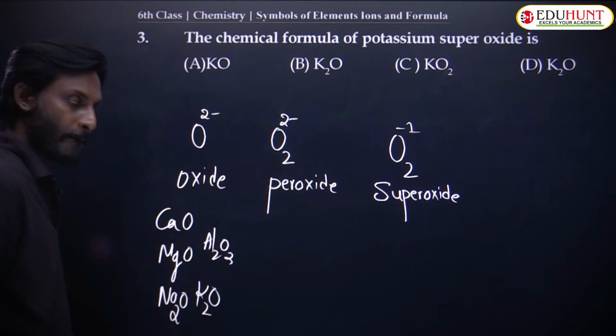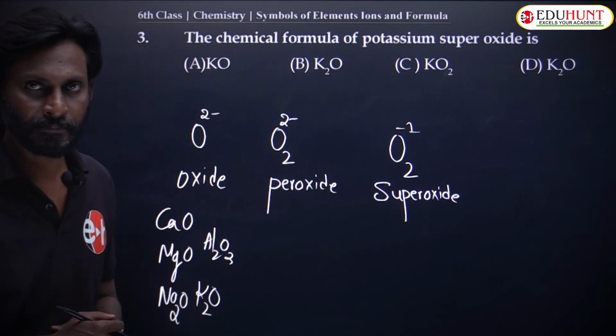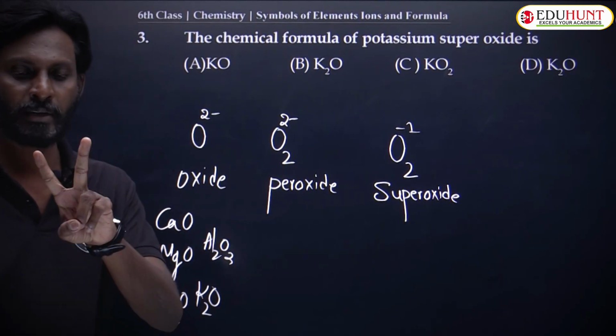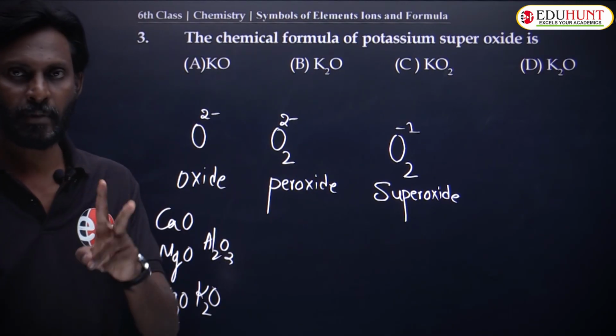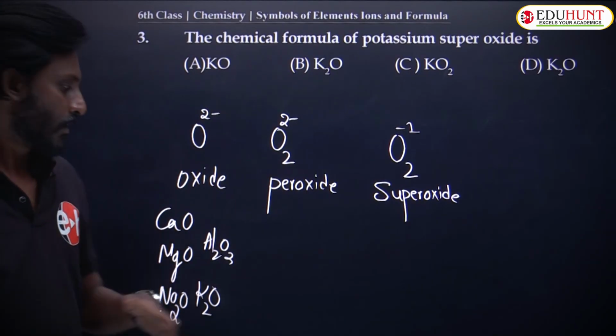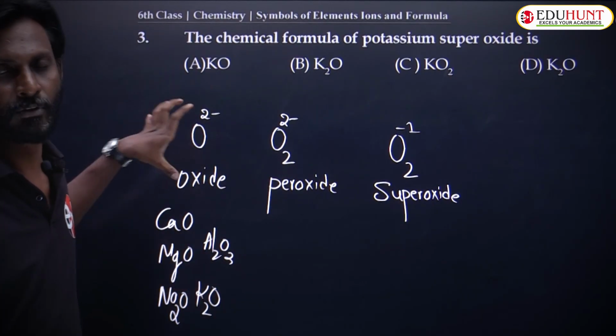All these are oxides. So most of the binary compounds of oxygen, that means 2 elements only. When there are 2 elements and one of them is oxygen, you can say binary. Binary means 2 elements. Okay. One of the elements is oxygen. It will be mostly oxide. Oxygen will exist in the oxide form mostly.